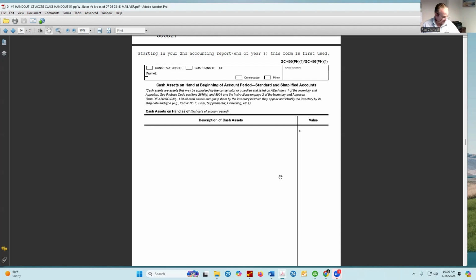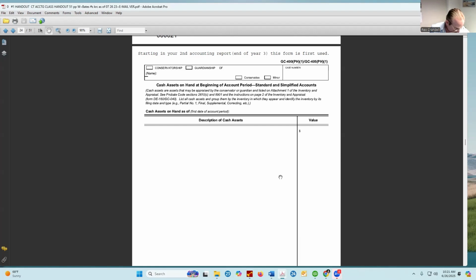So in terms of the timeline for filing these accountings, say you're appointed as guardian, conservator, or executor. Within 120 days from appointment, you'll need to file with the court your inventory and appraisal.